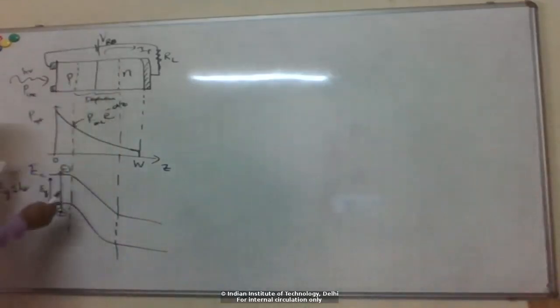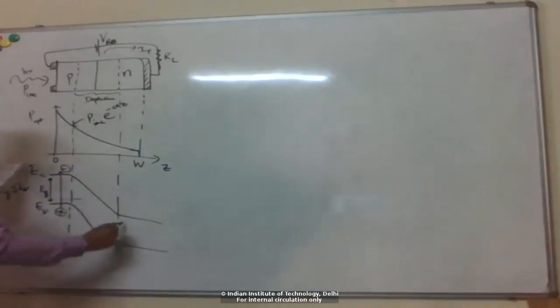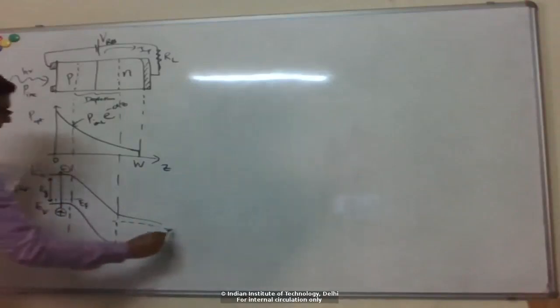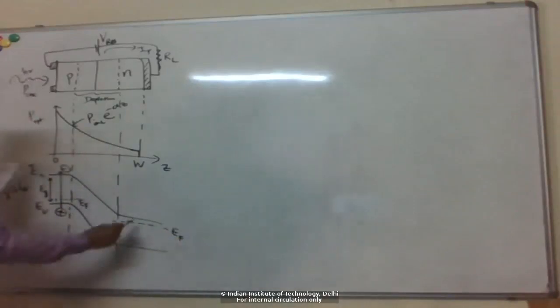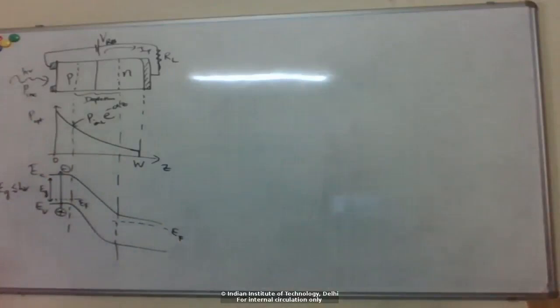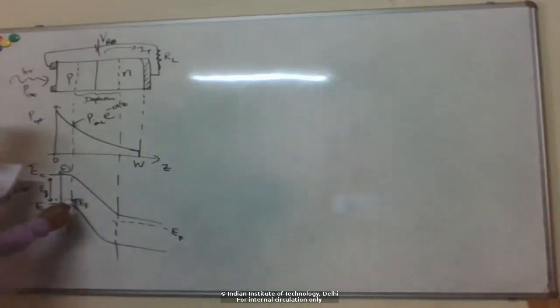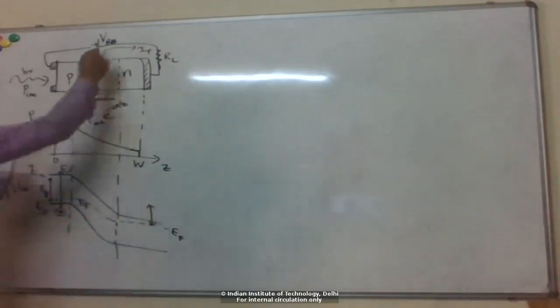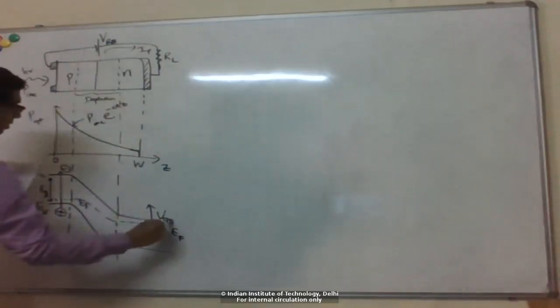So again, with this reverse bias, EF is somewhere here. Okay, so this is EF on the P side, close to the valence band, and here EF, the Fermi level, is close to the conduction band on the N side. Right, so this is the reverse bias voltage which is applied.